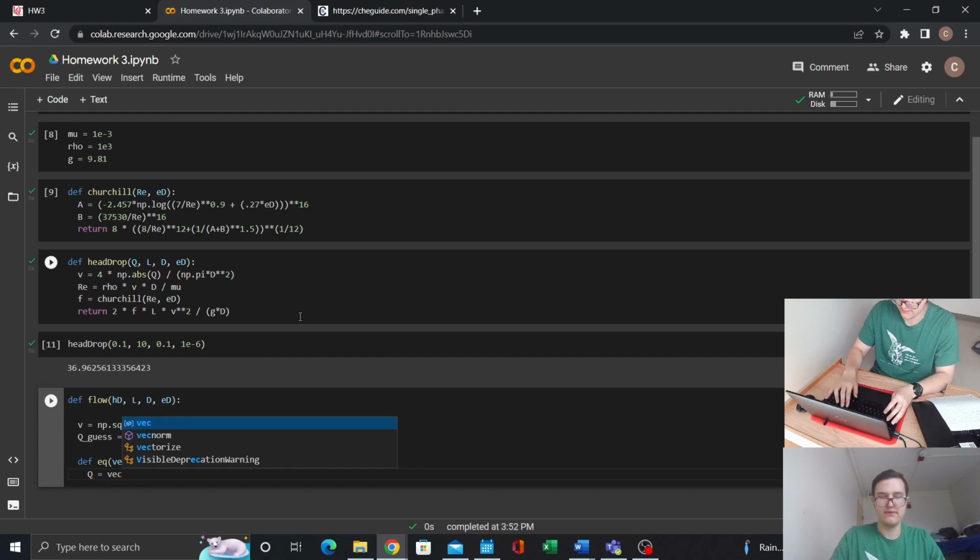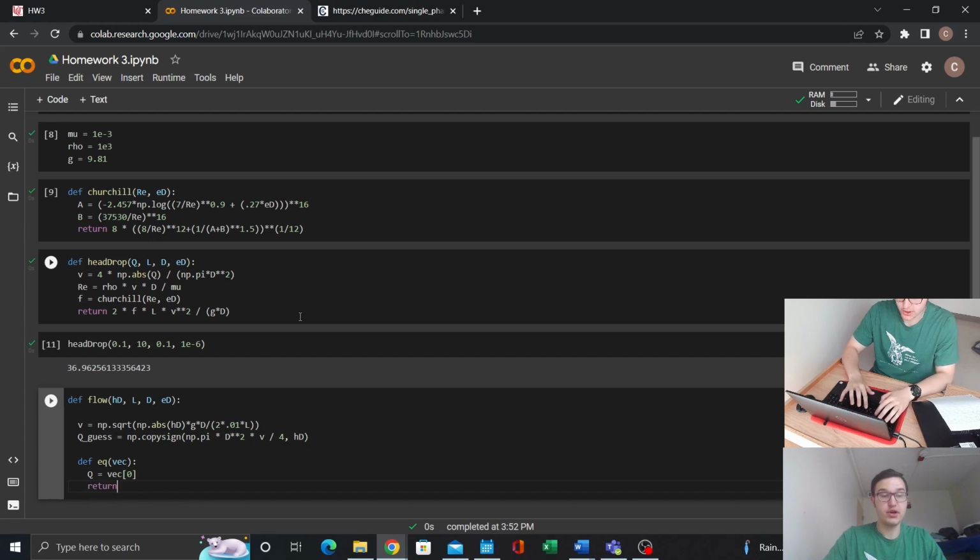Q is equal to Q[0]. And then we're just going to return a head drop, or is this HD instead?